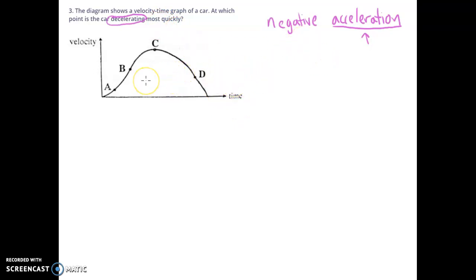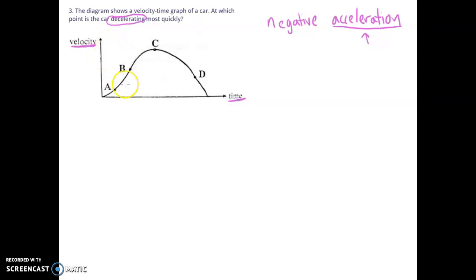Okay, so when does this car have its biggest negative acceleration? So when does it have the biggest negative number? Or in other words, when is it decelerating most quickly? So we have to think about what we're given here. And this is really the crux of this problem, and this is why I picked this problem to go over.